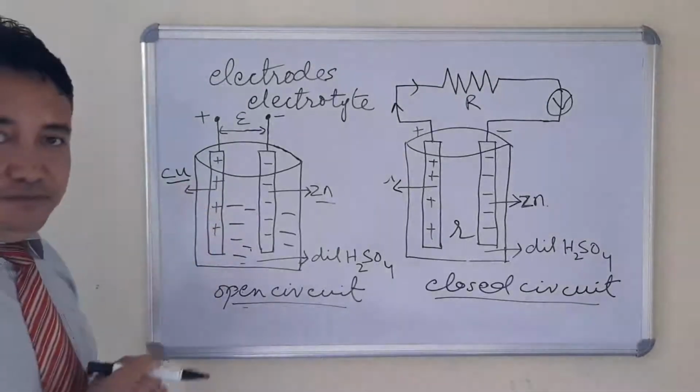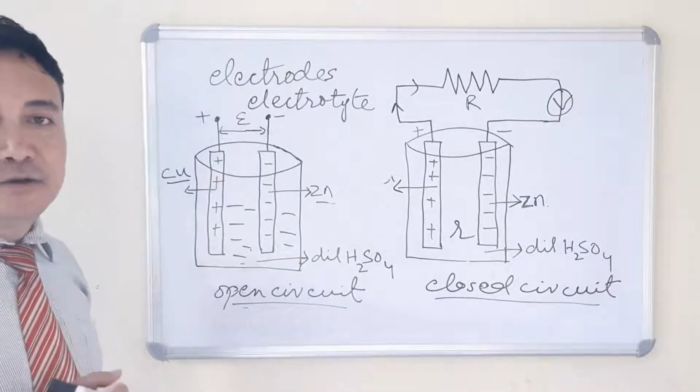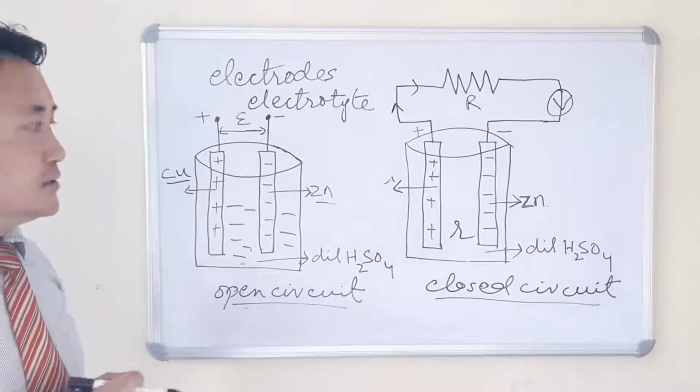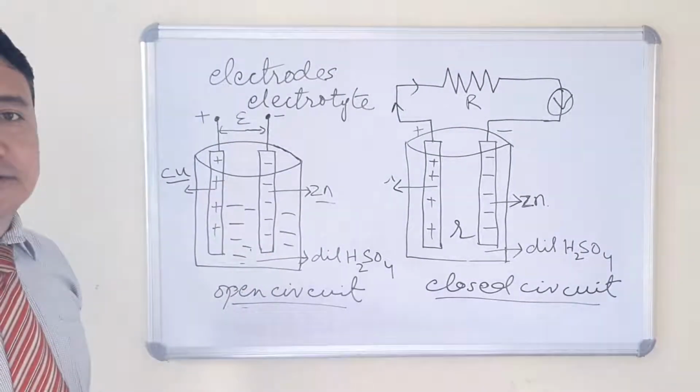So copper will become the positive electrode and zinc will become the negative electrode.